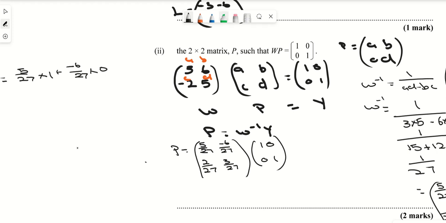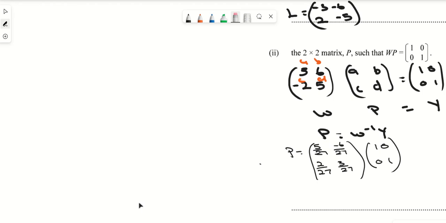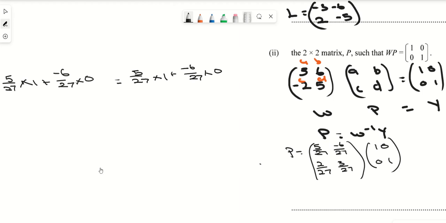I need some more space. Let me just put it here again. 5 over 27 multiplied by 1 plus minus 6 over 27 multiplied by 0. And then this section here would be your row 1 by column 2.